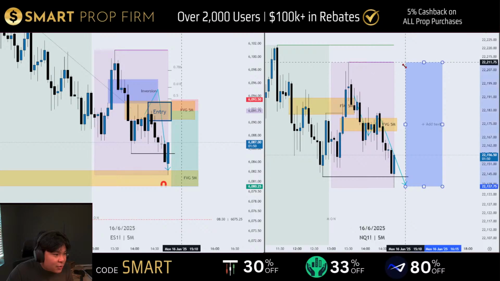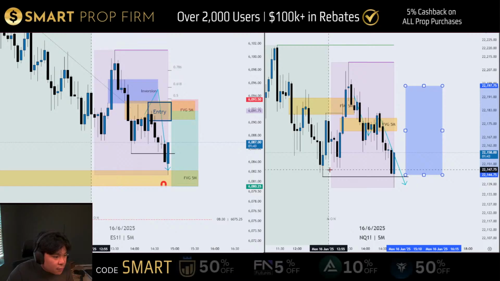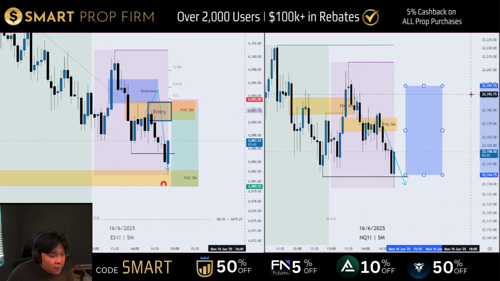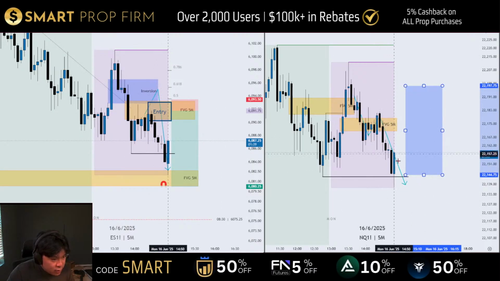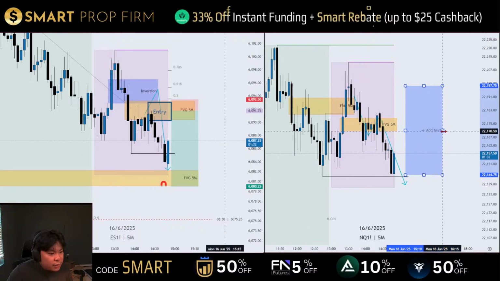If you disregard the wicks, this is the range right now. The majority of the price action from 1 moving forward has been about 50 points. So this trade here, if you take the same thing on ES, the 5-minute gap, it already moved like 30 points. That's the majority of the range already.